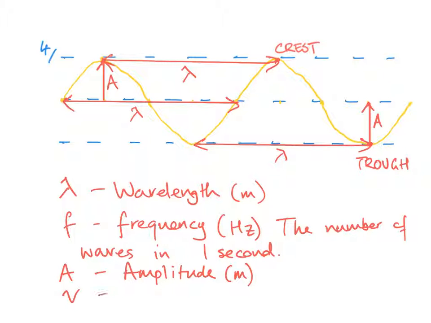So V is speed, and it's measured in meters per second. Now, we're going to use slightly different units. You may have used m/s last year, and that's still acceptable. But when you're doing exams, you'll see it written as ms to the -1. If you imagine it was squared, you'd put a wee 2 up high.